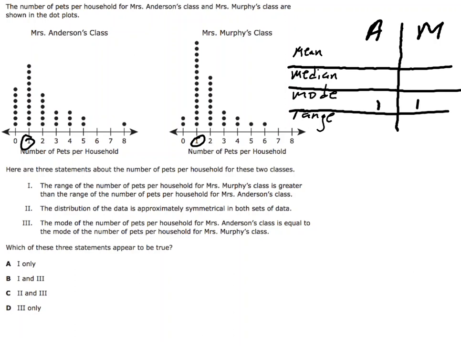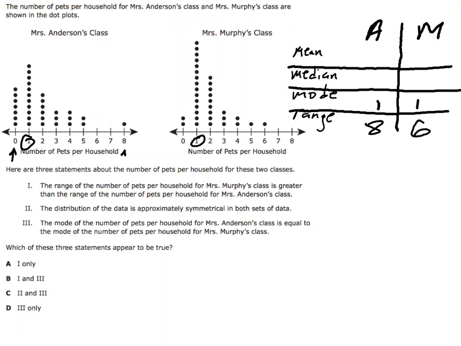The median, we have to calculate that. The mean, we have to calculate that. The range, we have to calculate, but the range is next easiest. Range is just your maximum value minus your minimum value. So for Mrs. Anderson's class, 8 minus 0 is 8. And for Mrs. Murphy's class, 6 minus 0, that would be 6.